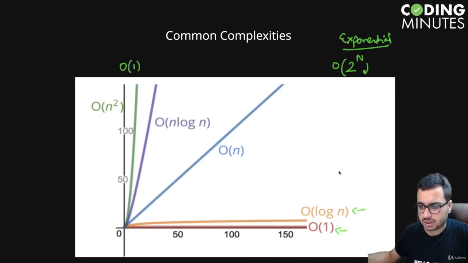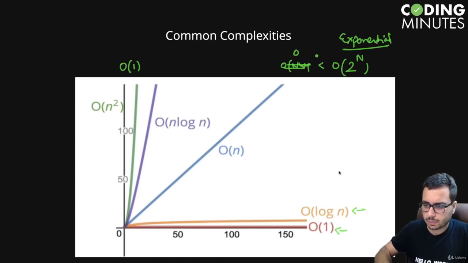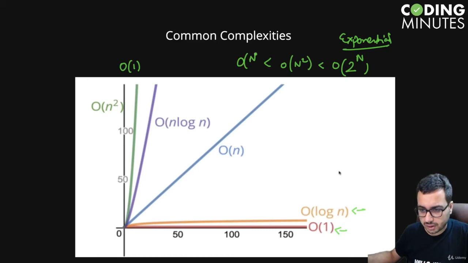In between you will find order of n square, which is better than 2 raised to the power n. We have order of n log n, which is better than n square. We have order of n, order of log n, and order of 1.